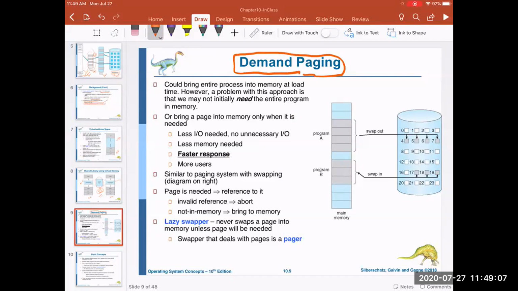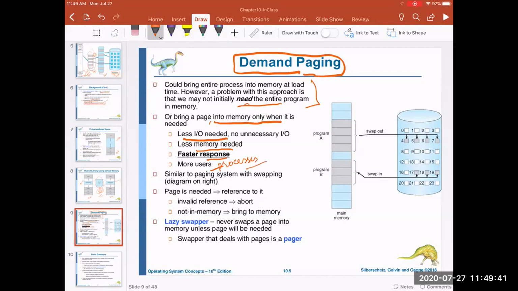Demand paging brings into the main memory, or into the frames, only those pages that are needed or asked for, rather than bringing everything into main memory. This helps us have less IO, less memory needed, faster response, and more user processes that can run, so it increases the multiprogramming level.